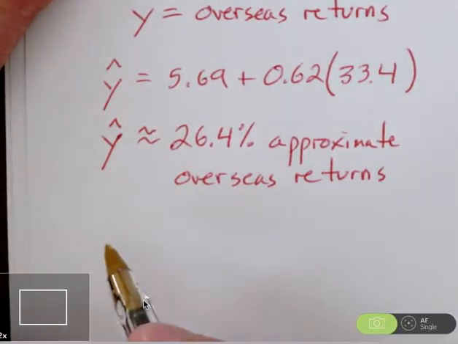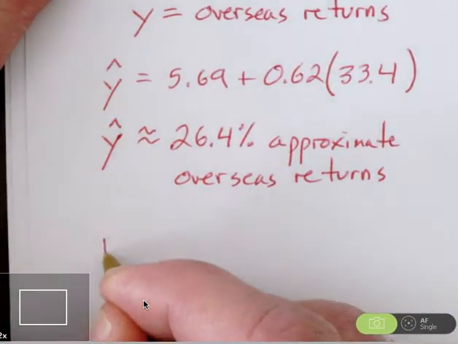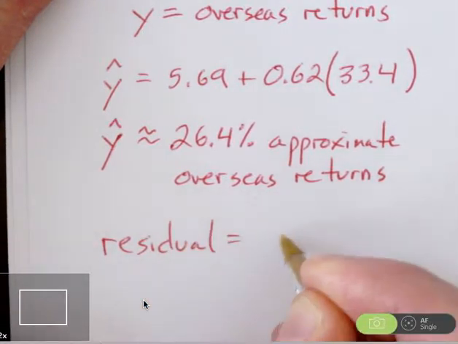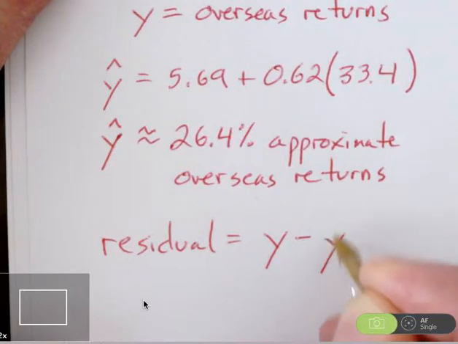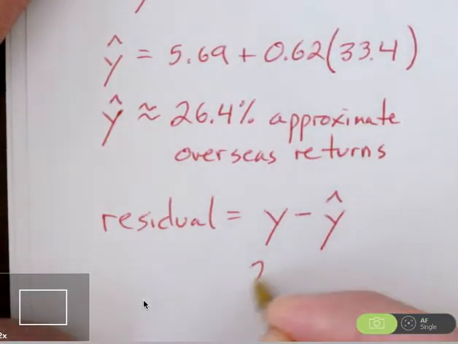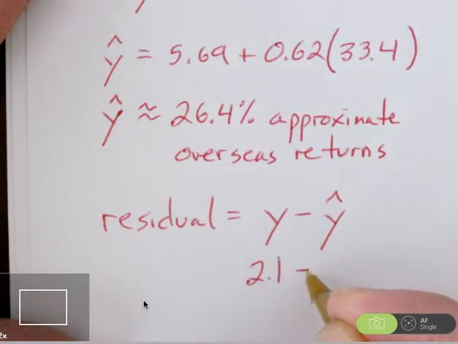So the first thing to notice is this residual is huge. The residual, remember, is the actual value of Y, take away the predicted value of Y. So in this case, the actual value of Y was 2.1. The predicted value was 26.4.